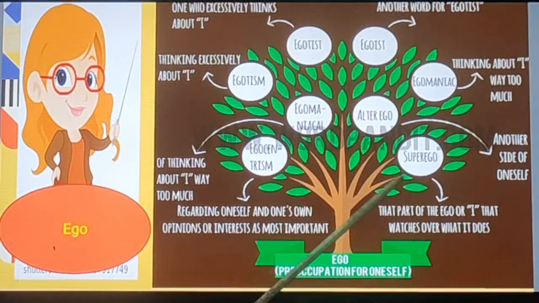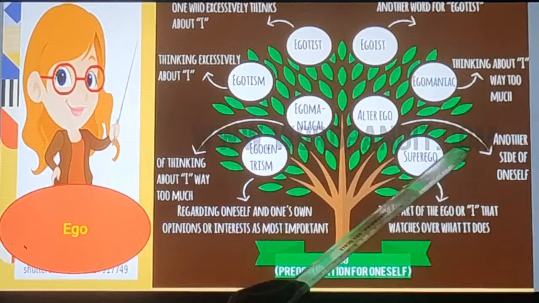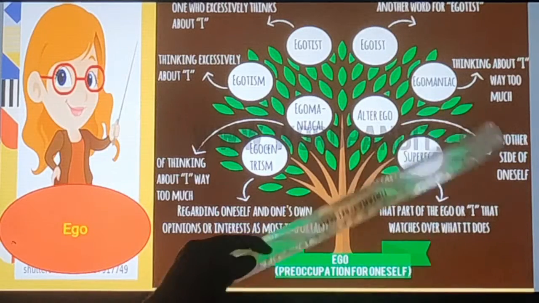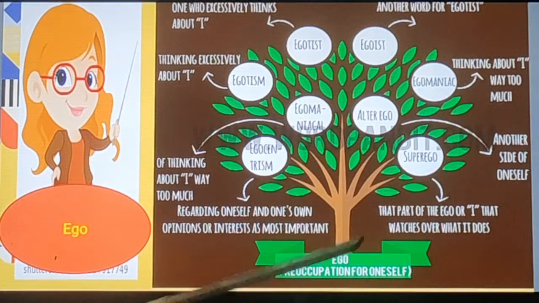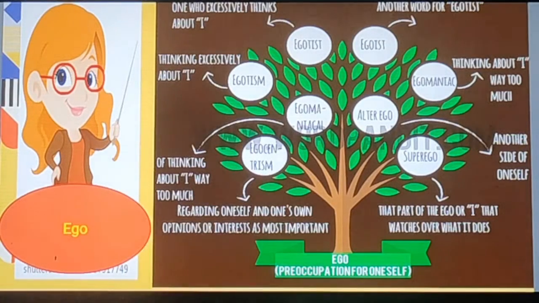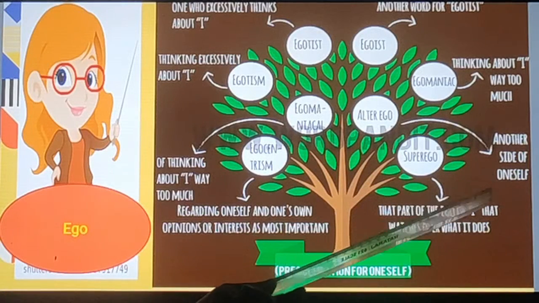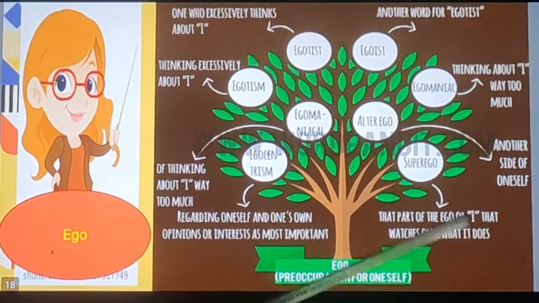Egomaniac. And next, alter ego. What is that? Alter ego. Another side of oneself. Here egotist means selfish and alter ego means another side of oneself. That is called the alter ego. And superego. Who is the superego?